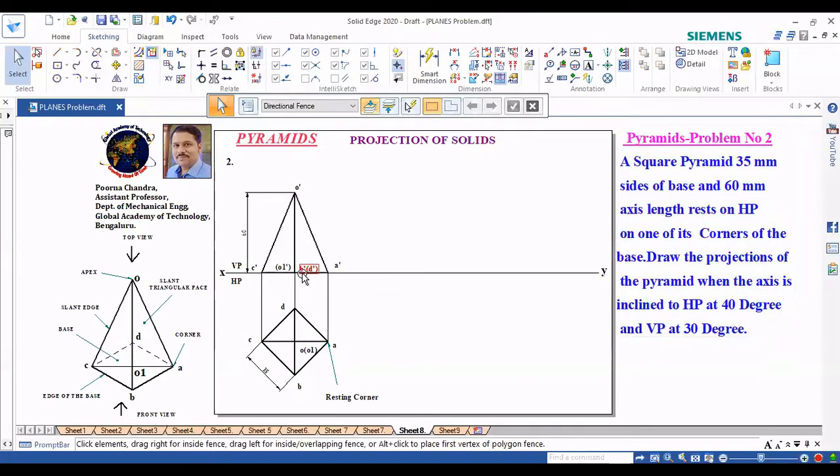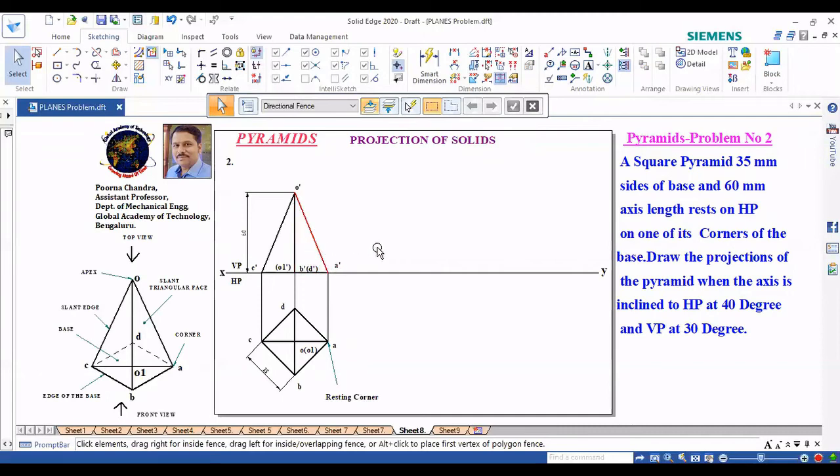degree as told. So axis is over here, O dash, O1 dash. But I cannot rotate this for 40 degree easily because here we have the slant edges. I can't rotate this. In prism, all were parallel to each other. I was able to rotate the last edge. But here, only the center axis is in the 90 degree perpendicular, but other two slant edges are slant in nature.